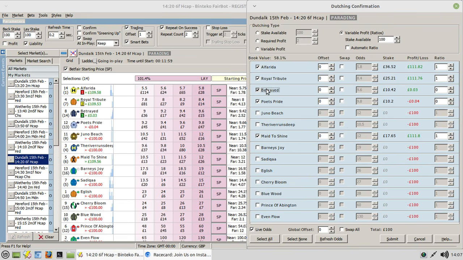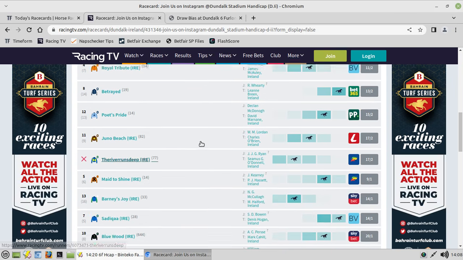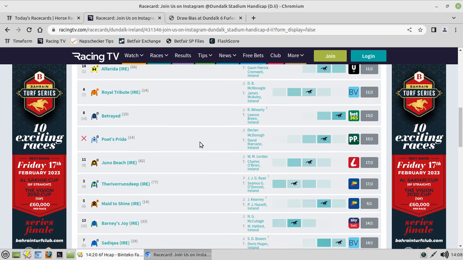So I'm tempted to go with possibly the top two, with Made to Shine as insurance. I'm just a little bit put off by the number of potential picks here. That's all.